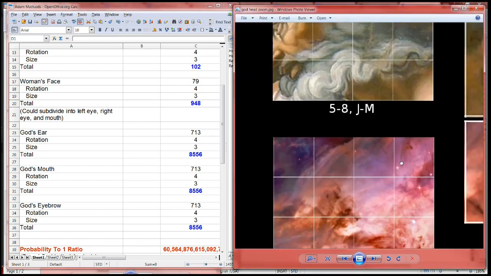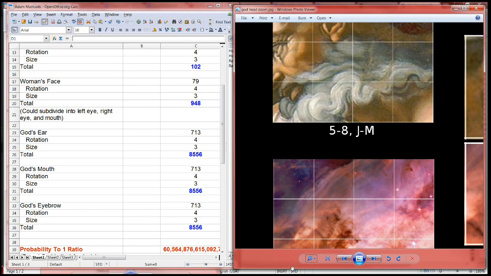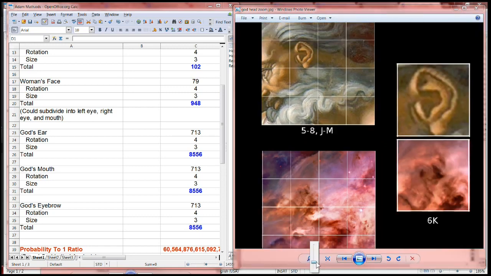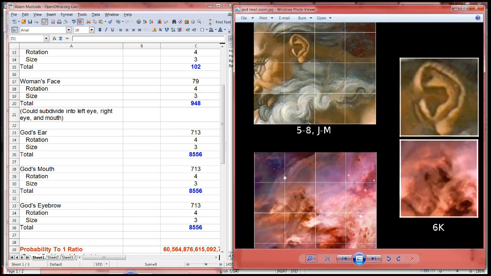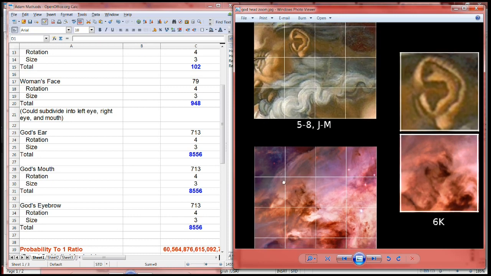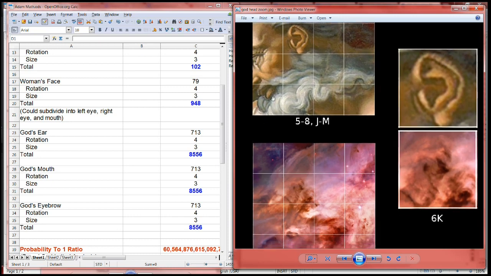And this is God's eyebrow. Now, it's always helpful to compare against the other relative locations. We've already seen where the ear and the mouth are relative to each other. Now we have the eyebrow. And you can see that there is a line that goes across the bottom of this that represents the eyebrow, and we can see that the same thing exists right here.